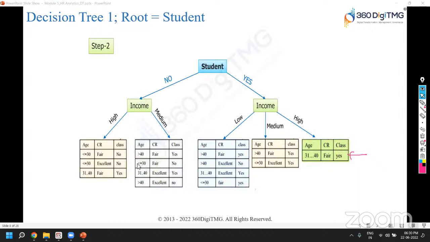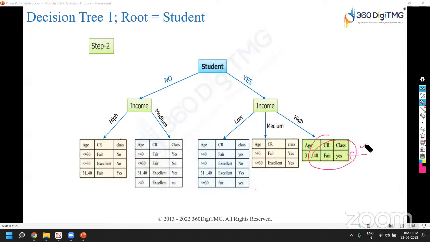Again, here we are splitting the data on income. This branch also has high and medium. Now I cannot stop growing the tree in this case, or in this case, or in this case, because we don't have an option to take a decision. Decision is about whether I will be able to predict the label or not.